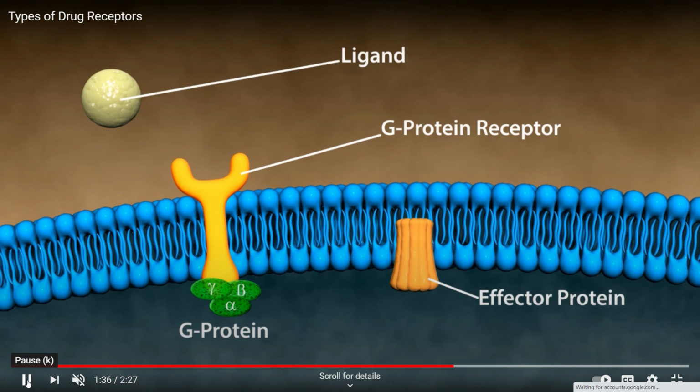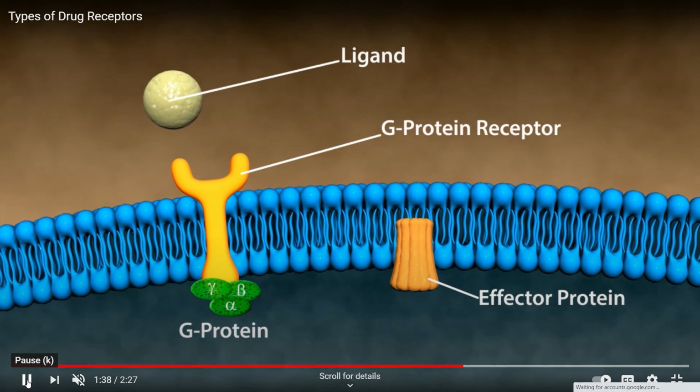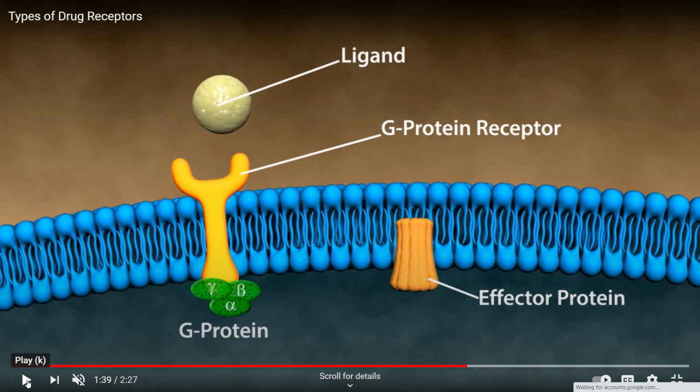Now, in the G protein receptor, first, you can see, class, the ligand binds to the receptor.